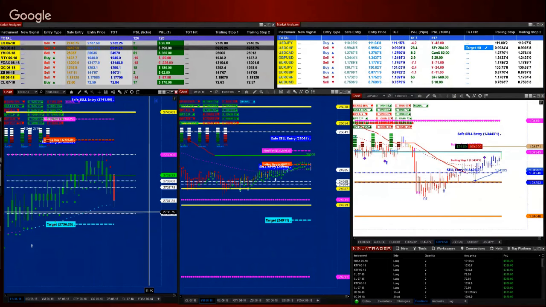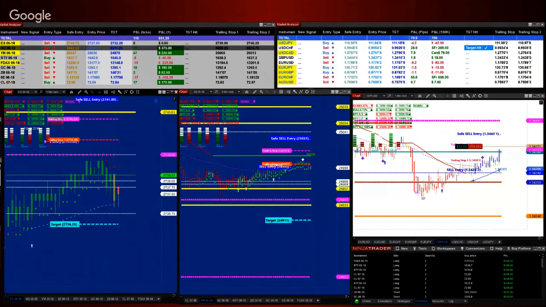There we go. A lot of selling. 36.75, close position from the 39 level to 36.75. This is it. Let's see if there's anything to chew on.